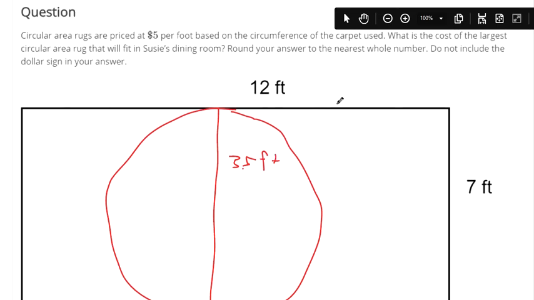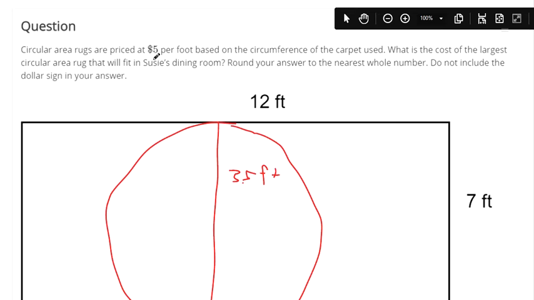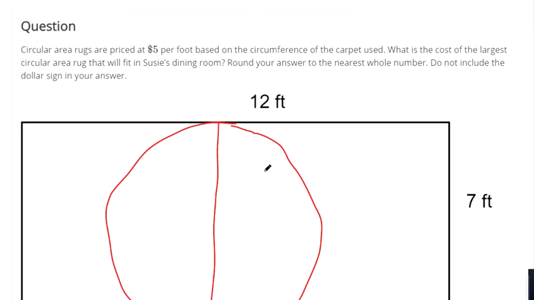So we first need to find the square footage, because it's $5 per, wait, $5 per foot based on the circumference of the carpet used. Sorry. So I was thinking they're going to have us calculate square feet. We don't even need to know the radius. Well, yeah, wait. Yeah, we do. Sorry. You could just use the diameter, but we'll just stick to the same formula.